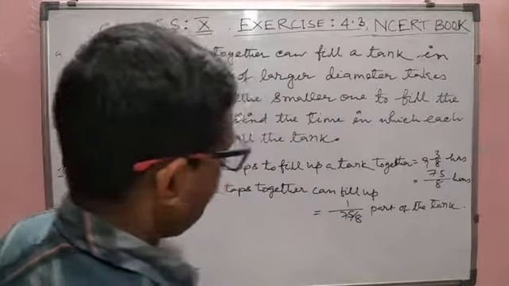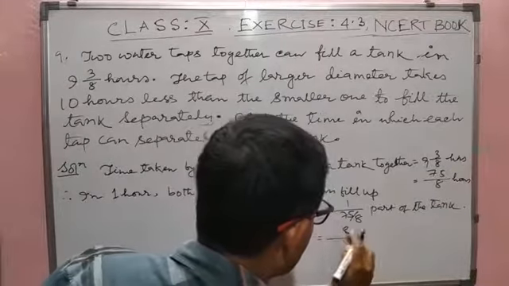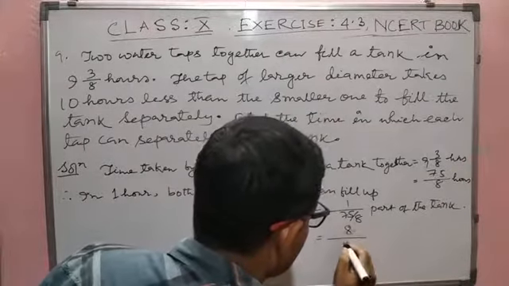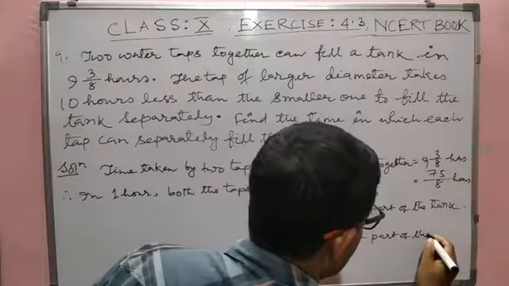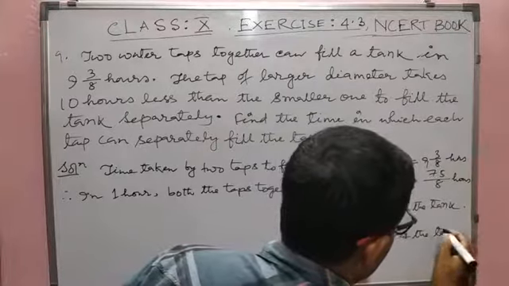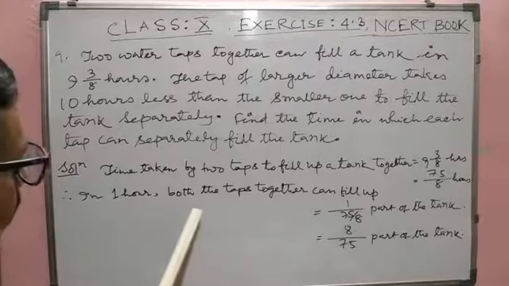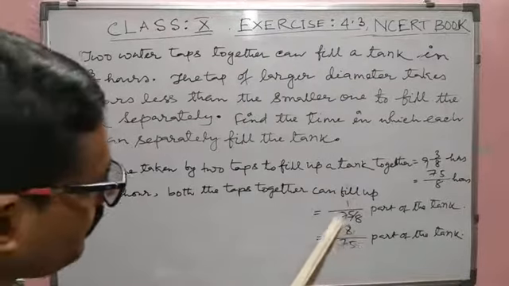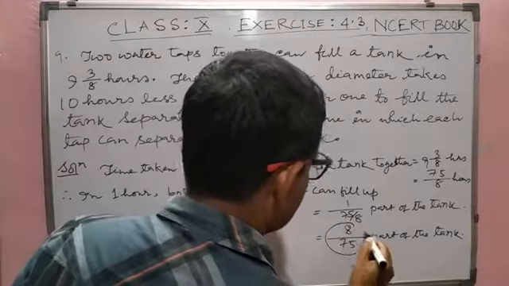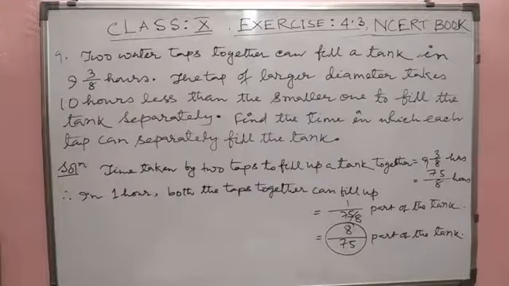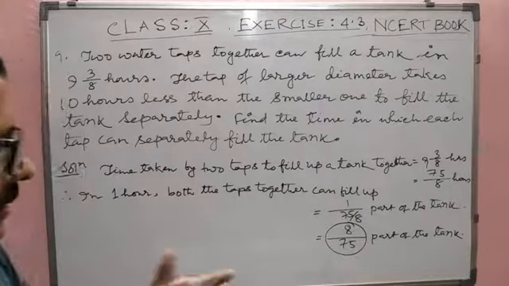If we calculate this one we get 8/75 part of the tank. So in 1 hour both the taps together can fill up 8/75 parts of the tank. So this is our first concept: in 1 hour how much they filled up.